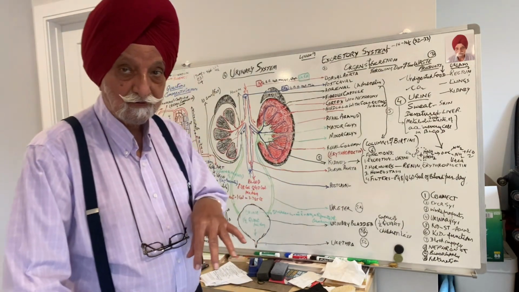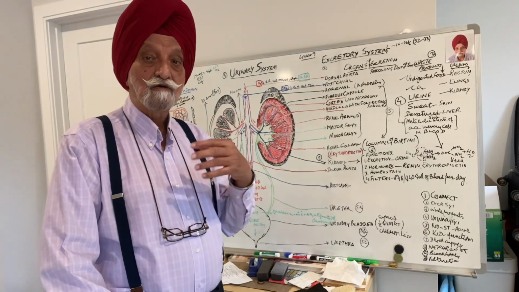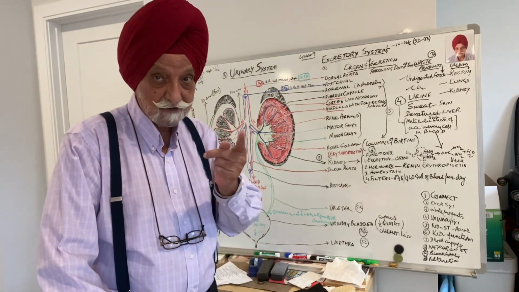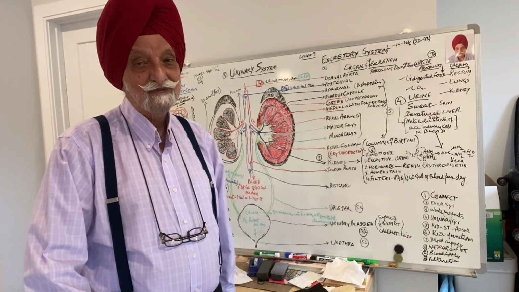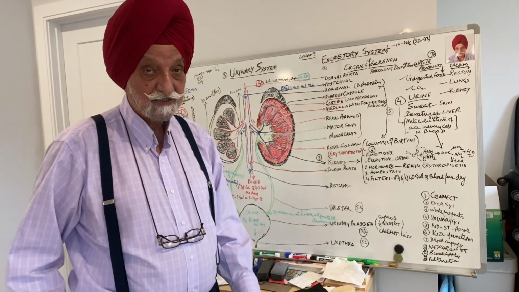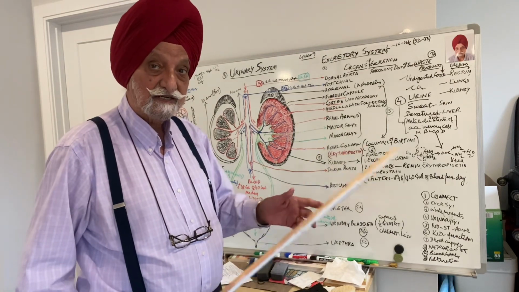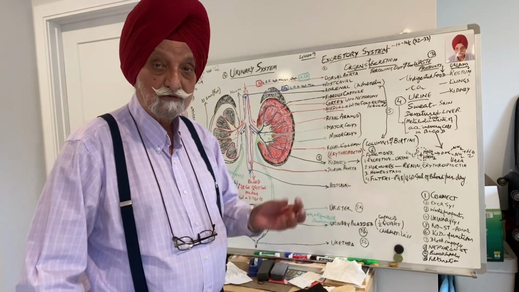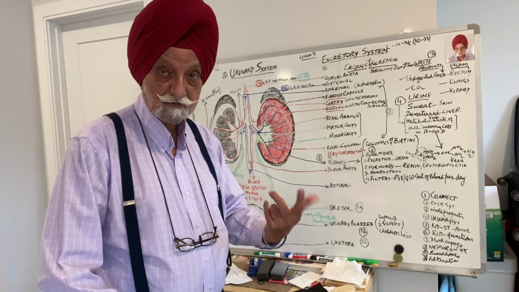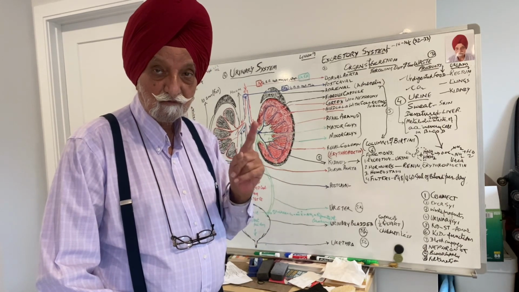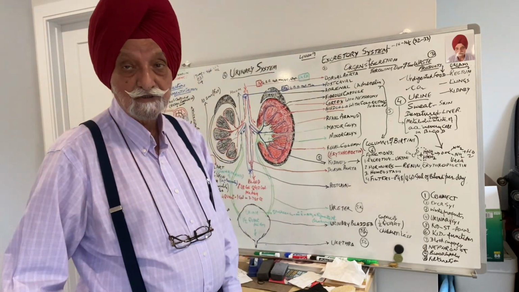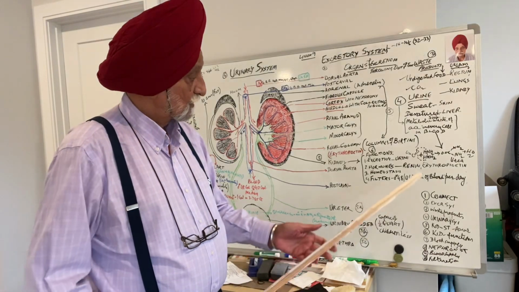And you have already seen that in all the cells of the body, carbon dioxide is also produced. Now, nature has made an arrangement that this carbon dioxide can combine with ammonia, both of them being waste products, to form one product which is called urea. How?